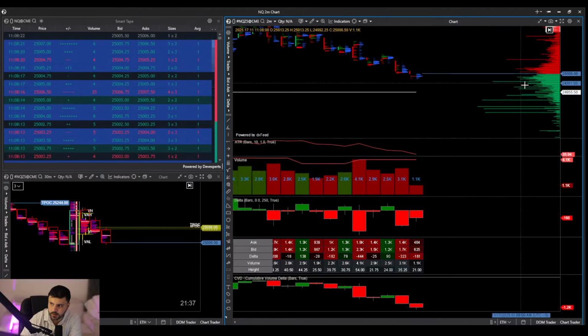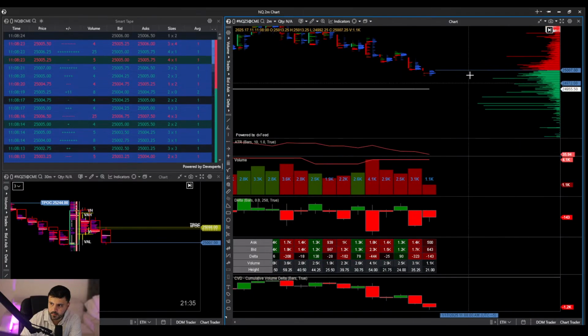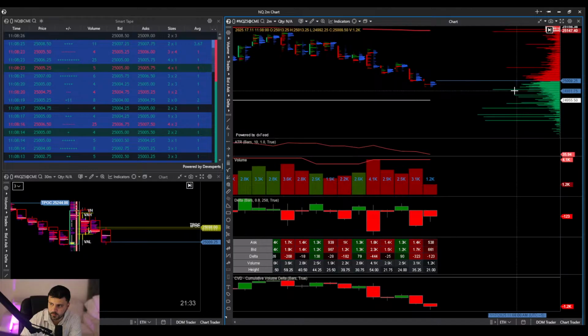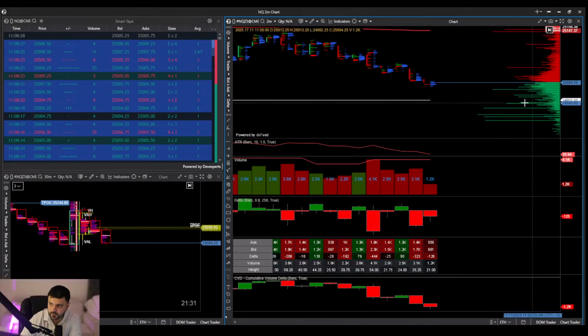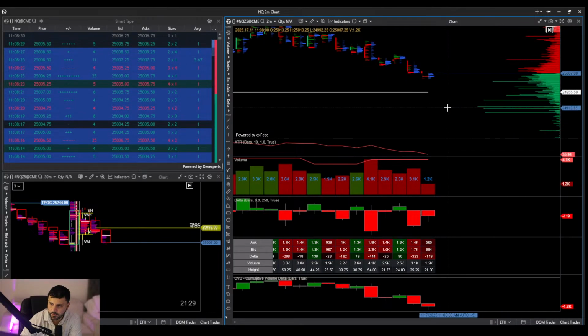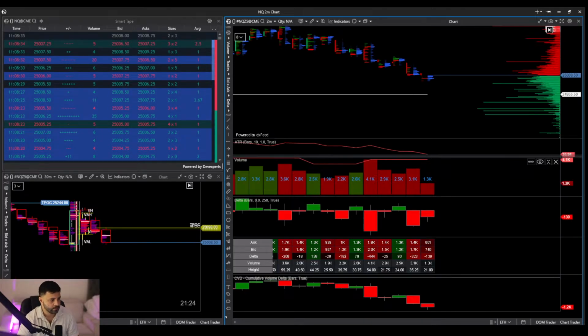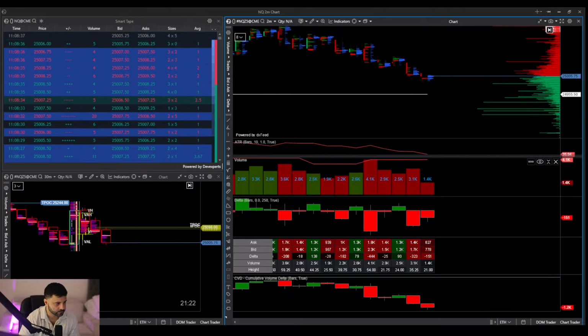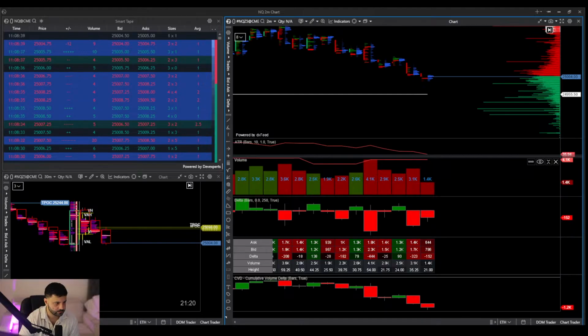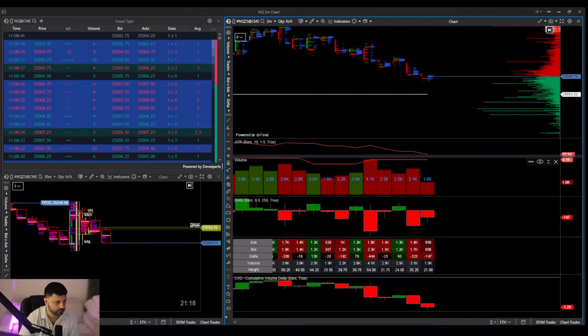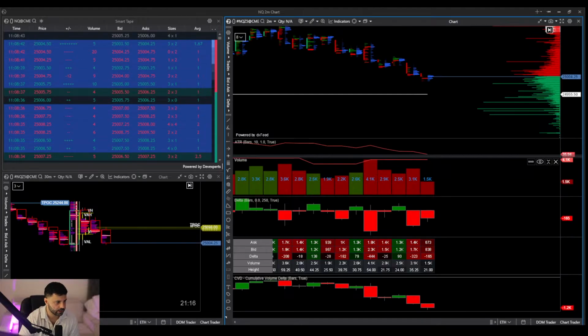They're saying, come and get us. The bulls are saying, come and get us. They're refilling the book. They want to get in here. I'm not taking any trade here.